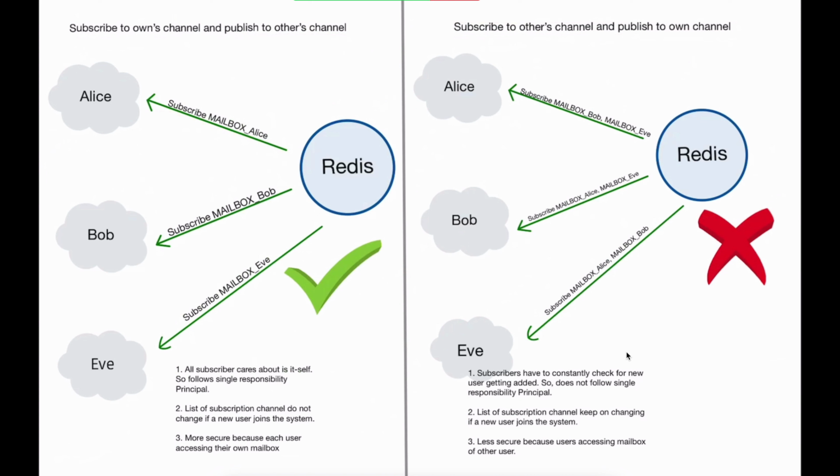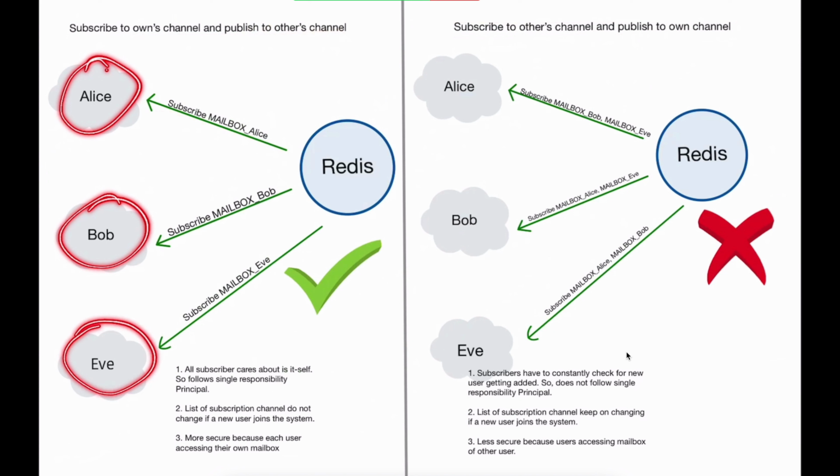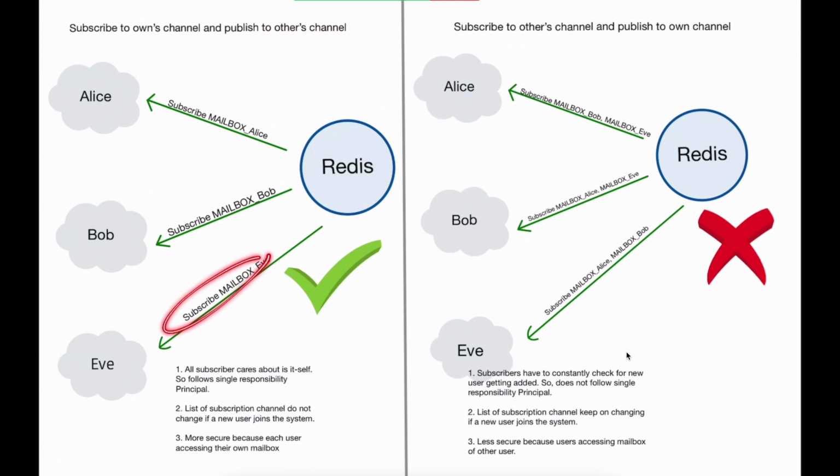The other way around is also true. Now this approach is much better compared to this approach, that is people subscribing to their own channel and publishing to other channels. The first thing is that all these subscribers, they just care about themselves. Here they care about others.